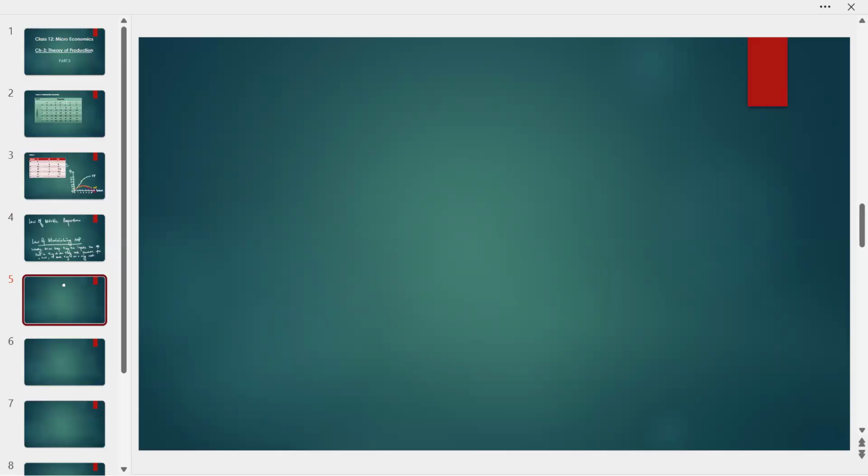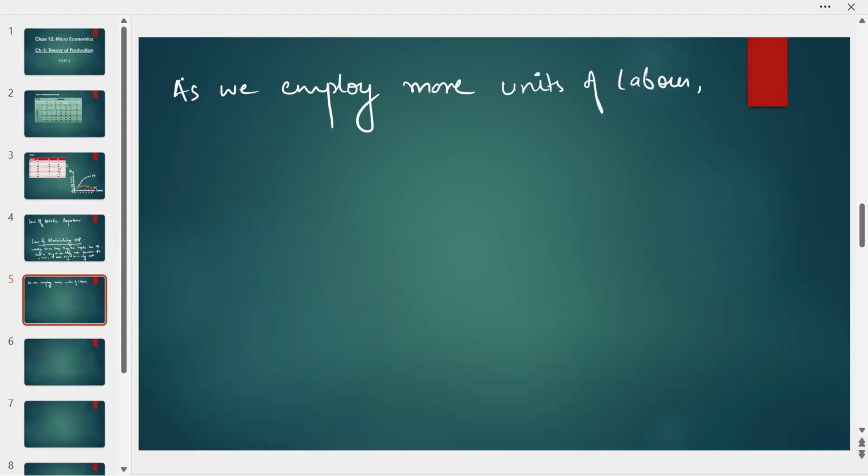So what does it mean? That as we employ more units of labor after a level, the total output is not increasing much, or it is not adding up to the total output. It is not generating more output, right?